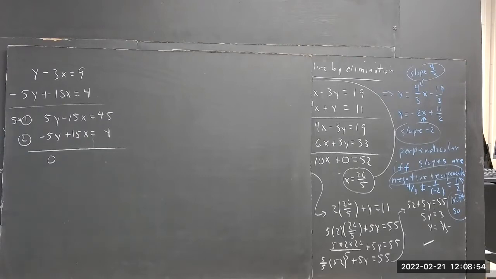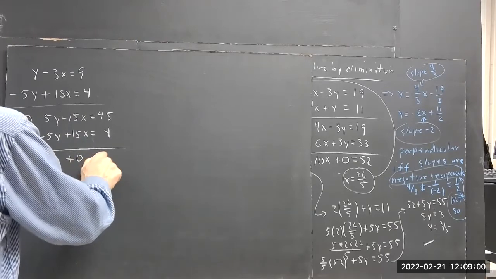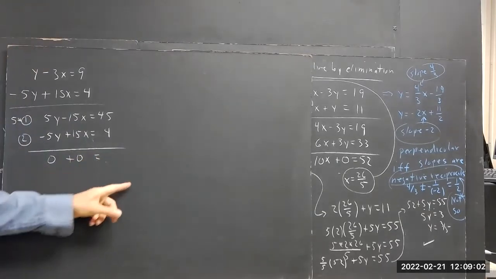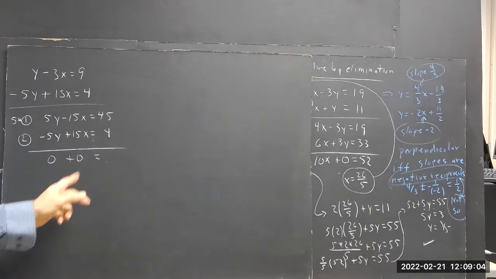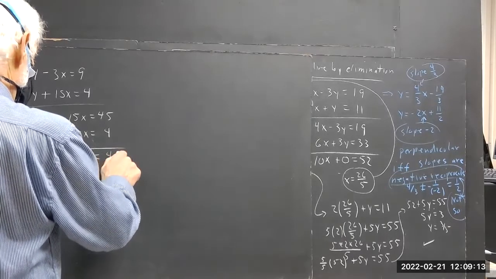And then I add negative 15x and 15x, I get 0. Now that's going to be fine if I get 0 over here, because 0 plus 0 is equal to 0, right? But 45 and 4 isn't going to give me 0. So it's not so fine. It gives me 49.